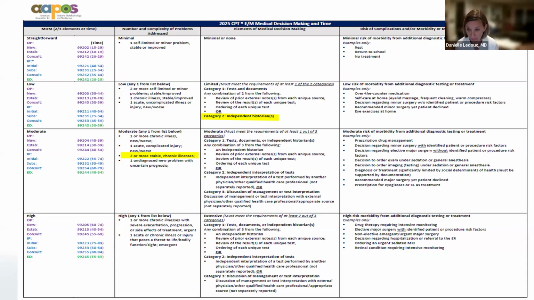So she's going to be given an updated eyeglass prescription for her myopia, and she has ultimately a normal exam. And so while ordering of each unique test might feel like this fits, in fact, most of the tests that you ordered, such as the OCT or the visual field, are likely ones that are being done in your office.